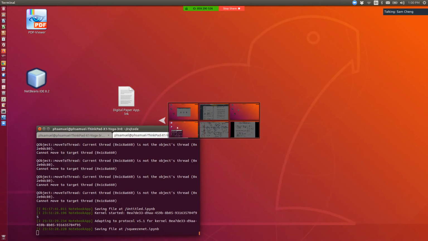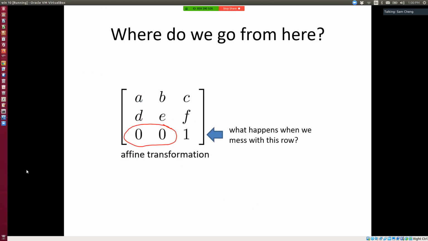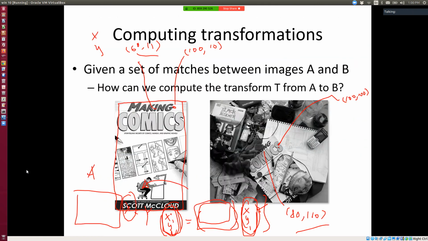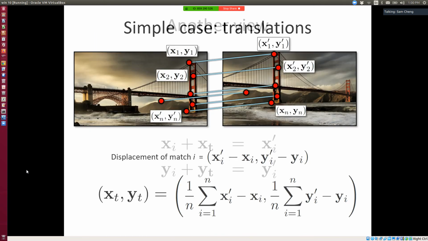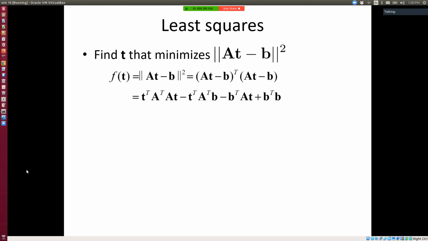Okay, anyway, I go back to the slides. I guess I covered most of the stuff. This is what I mentioned there.